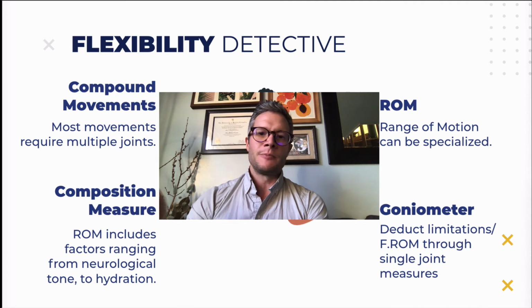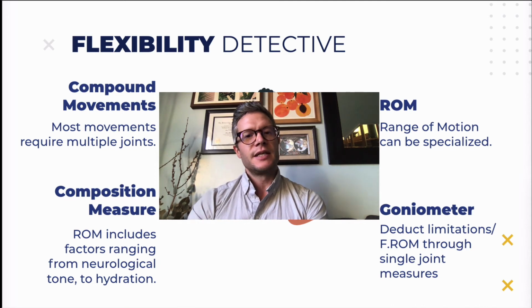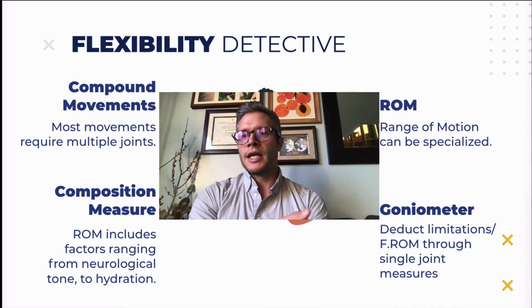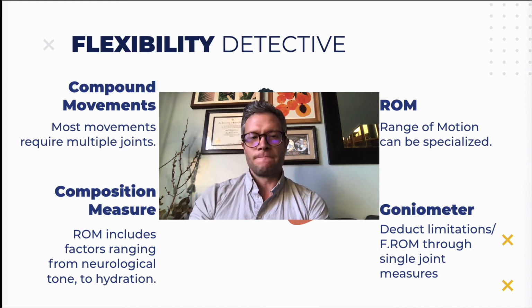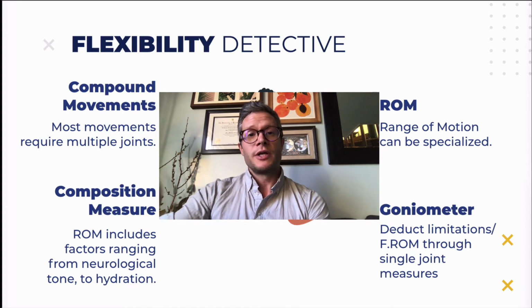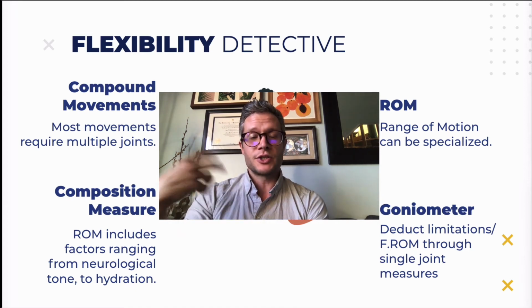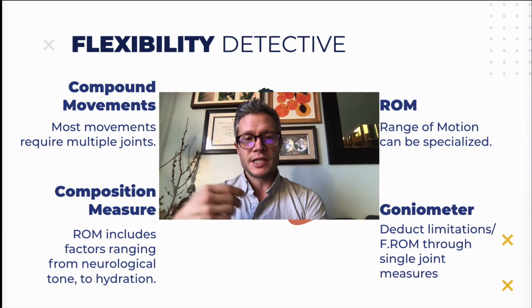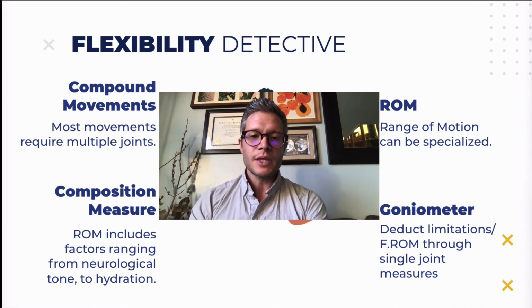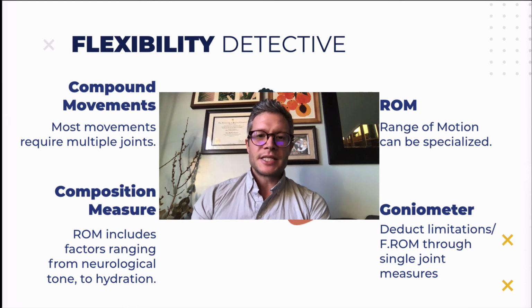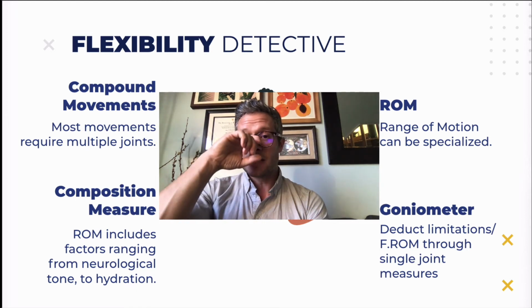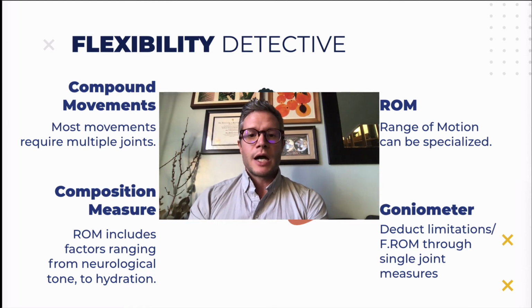If you're slightly more stressed versus less, your flexibility is going to be different. That has different states for an individual across time, but also differences between individuals and how much tone or stress somebody has. So ROM, you might see that notated in places. It stands for range of motion.